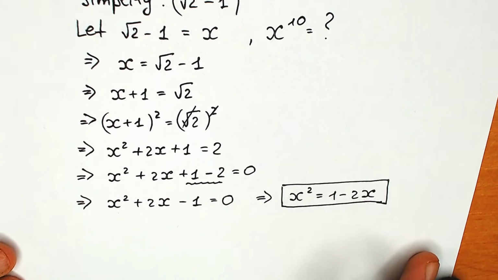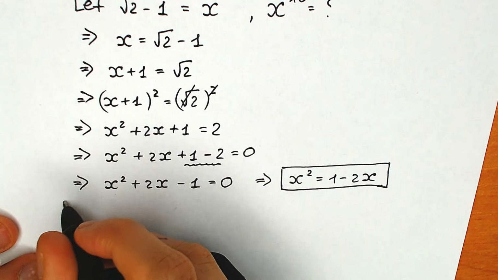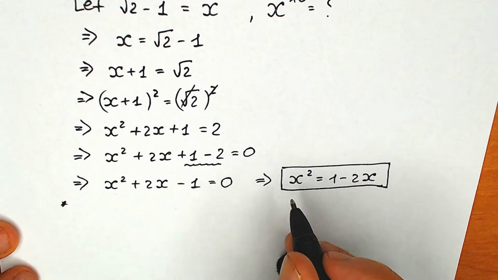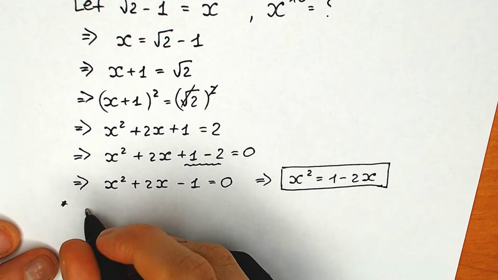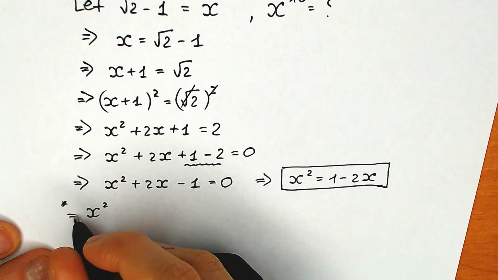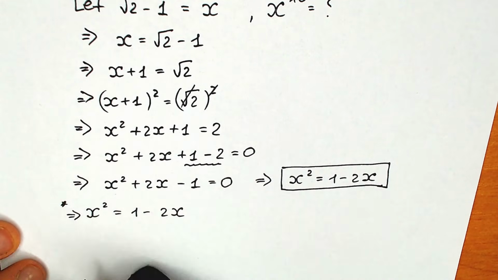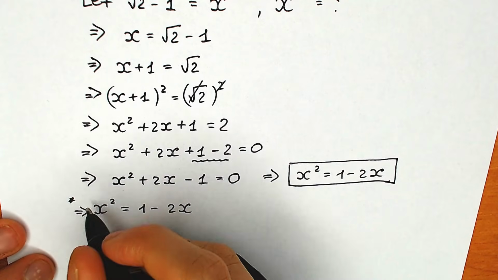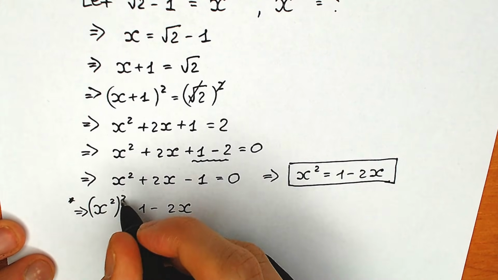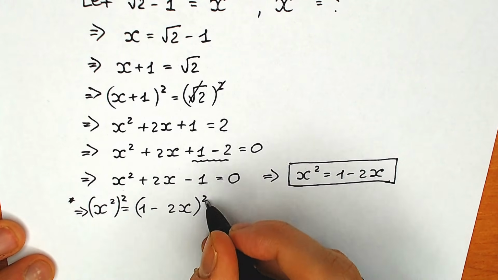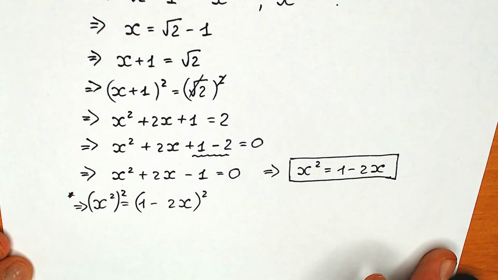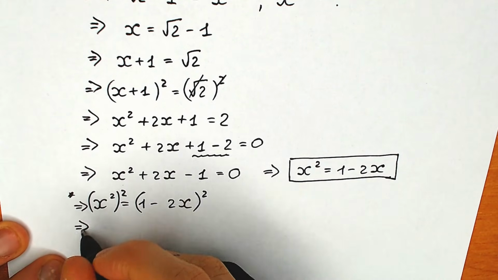Okay, so let's do it. I hope you will understand what I mean right now. Let's take this expression, x squared equal to 1 minus 2x. This is our expression. Right now, let's raise this to the power 2, right here to the power 2 and right here to the power 2. On the left side, we have x to the power 4.